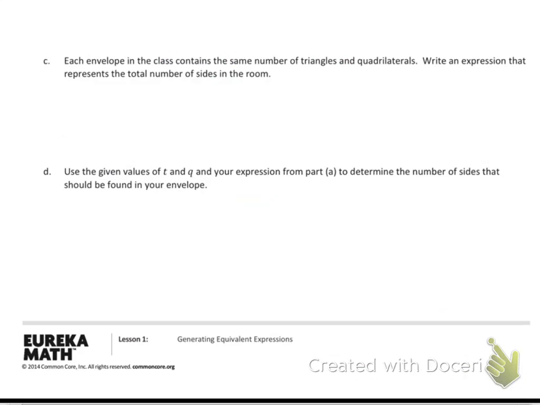Okay, so part C here says that each envelope in the class contains the same number of triangles and quadrilaterals. So write an expression that represents the total number of sides in the room. And hopefully you would understand which piece of information you would need to complete this expression, and that's this idea of total number.